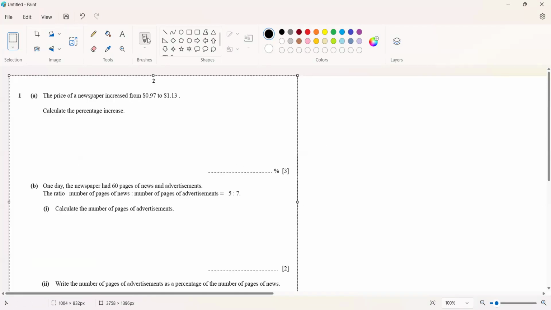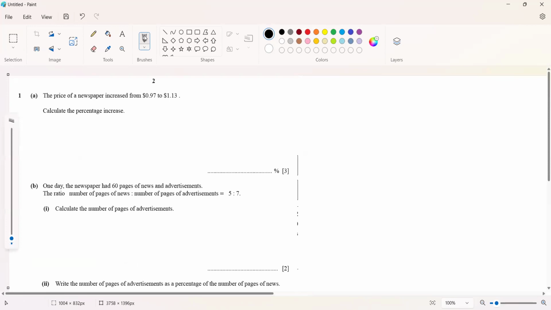Starting from our first question, we know that the price of a newspaper has increased from 0.97 to 1.13. They ask us to calculate the percentage increase. So we are basically taking a percentage change. The percentage change formula is simply the new value minus the old value, divided by the old value, multiplied by 100 to find the percentage.